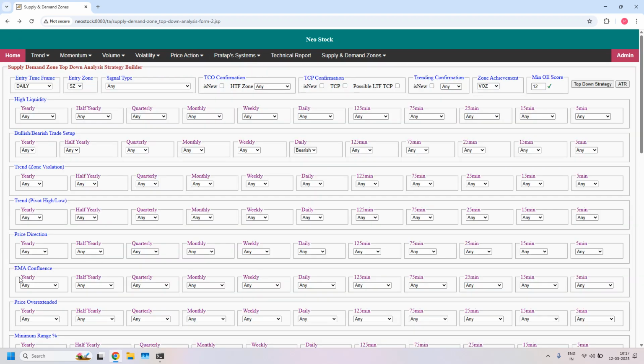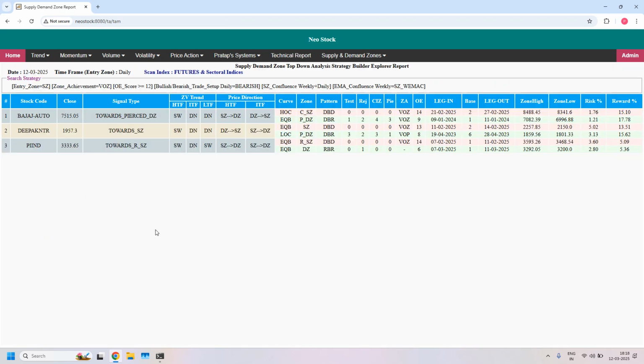Let's verify. For the EMA confluence at the weekly time frame, I am selecting weekly supply zone having weekly EMA confluence. Out of 4, we got 3 stocks. These 3 daily supply zones might have an even higher probability of success, because they are part of the weekly supply zone and the weekly has weekly EMA confluence.